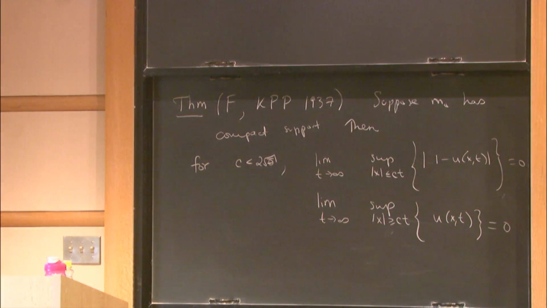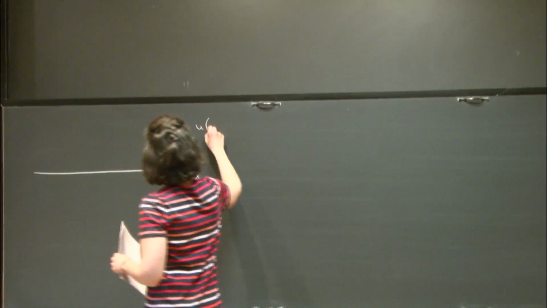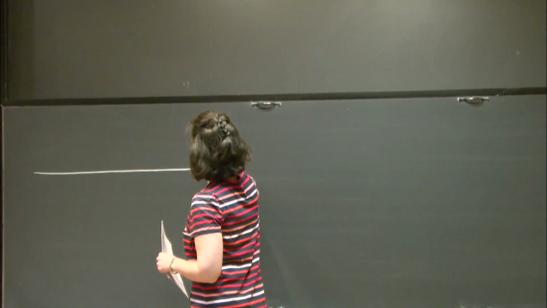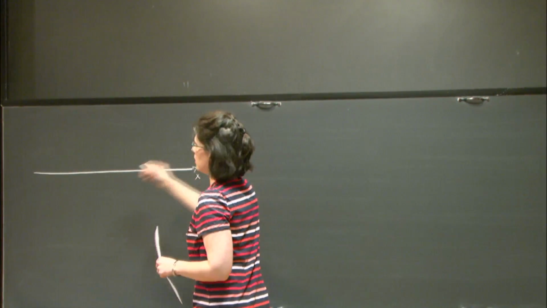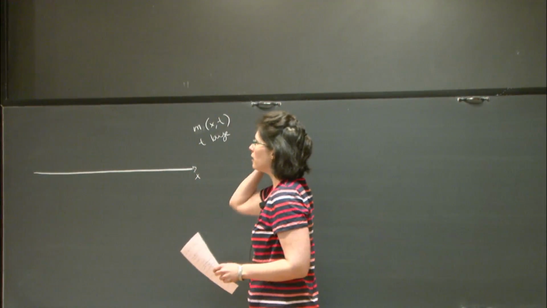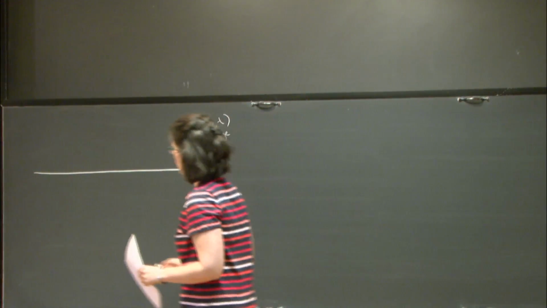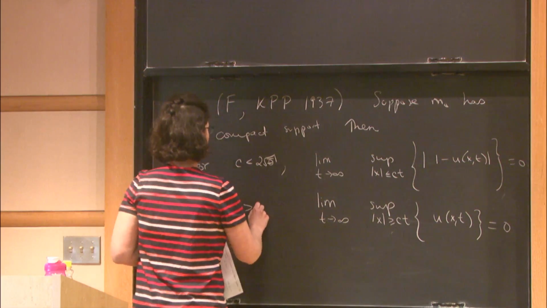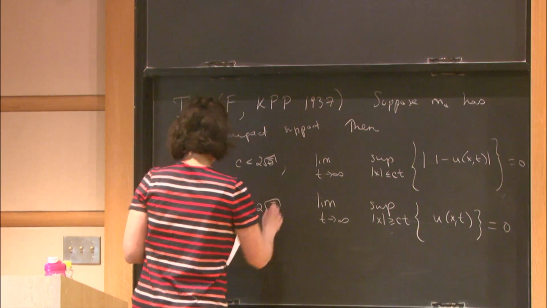Let's draw a picture of x and t, for t large, because this is an asymptotic result as t gets large, for c bigger than 2 radical theta bar.